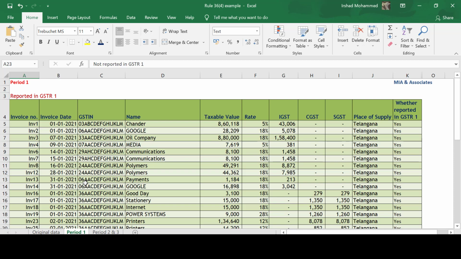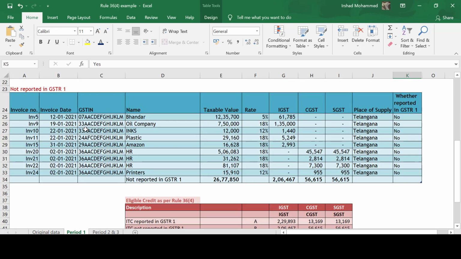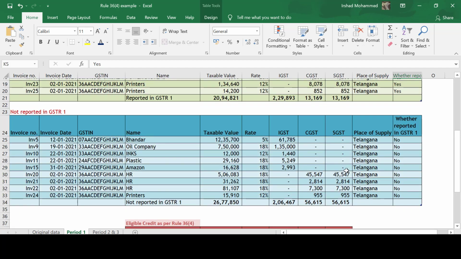So basically in a given month, once the period is over, for filing your monthly returns, when you download the GSTR 2B or 2A, you will find some entries which are nothing but the details of invoices uploaded by the suppliers. So whichever invoices appear in 2B or 2A will be marked as yes, and whichever invoices not uploaded by the suppliers are marked as no.